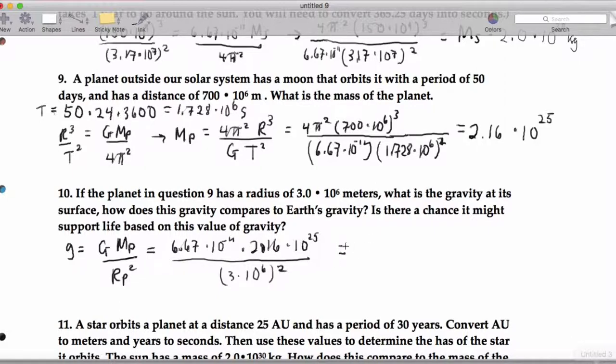When we solve for the gravity, I'm getting 160 meters per second squared, which is actually 16 times Earth's gravity. So most likely, no. Probably not going to be supporting life on a planet like that.